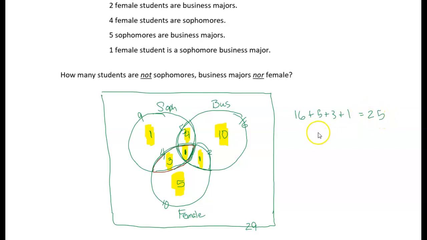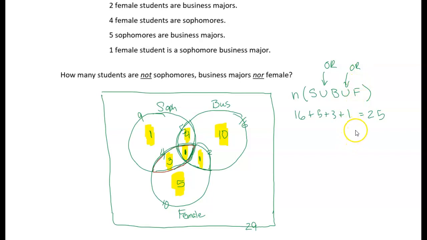Okay, so what does that number represent? That is the number of elements in the union of S and B and F. The number of elements, the number of students in this case, because our elements are students. The number of students who are sophomores, or, remember, we read this as or, business majors, or females.